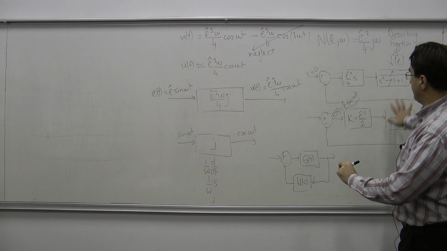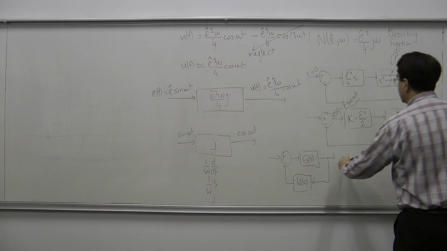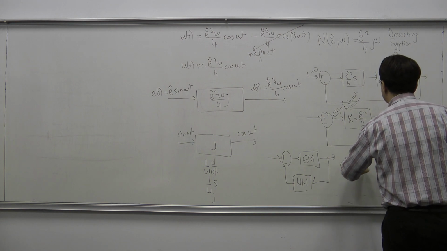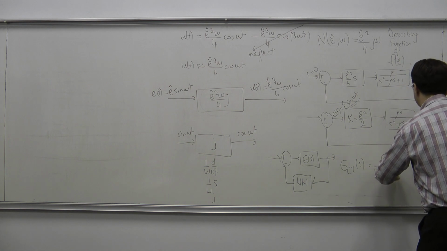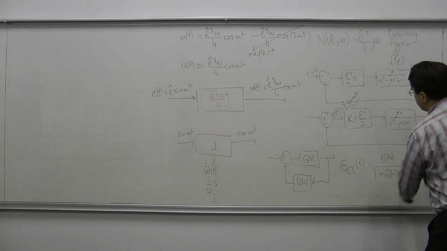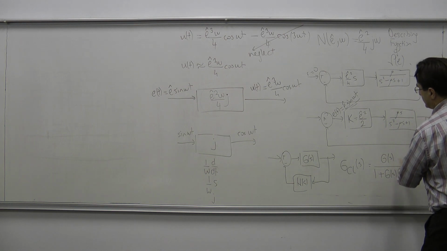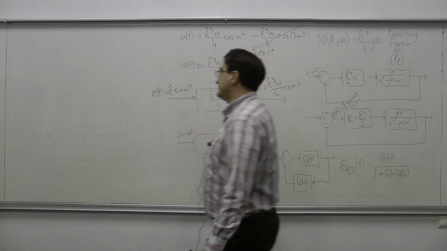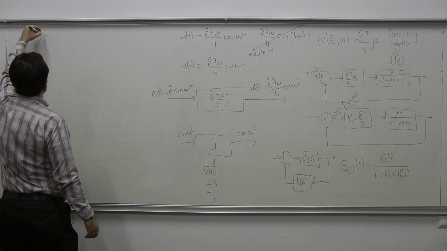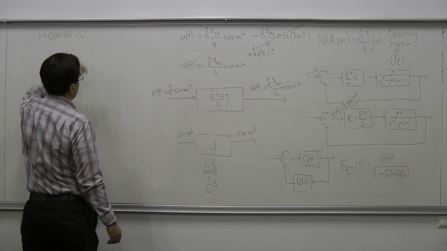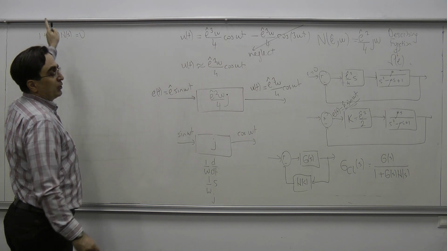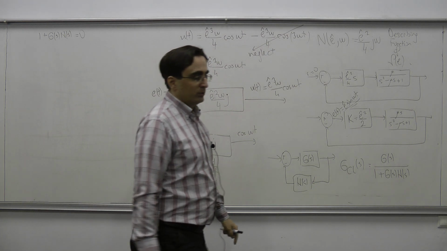We have now a completely linear system, and the closed loop transfer function of this linear system would be G of s over 1 plus G of s H of s. And the poles, closed loop poles of this system would be determined by this characteristic equation. The characteristic equation of the system would be 1 plus G of s H of s is equal to 0. Okay? And the roots of this equation are the closed loop poles.